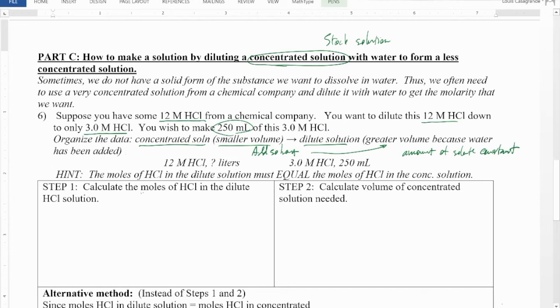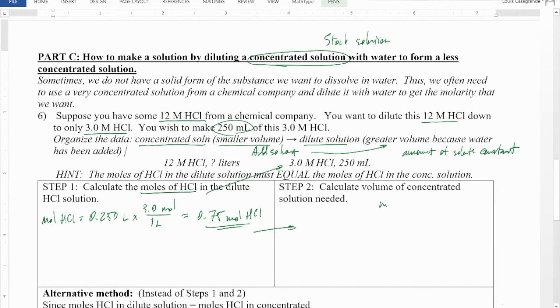The first thing you do is calculate the moles of HCl that you need in the dilute solution. So for our dilute solution, the moles of HCl is our 250 milliliters, or 0.250 liters, of 3.0 moles per liter, and that equals 0.75 moles of HCl. Now we're going to take that 0.75 moles of HCl, and here's where the volume comes in. You can put it into the equation and rearrange to solve for volume.